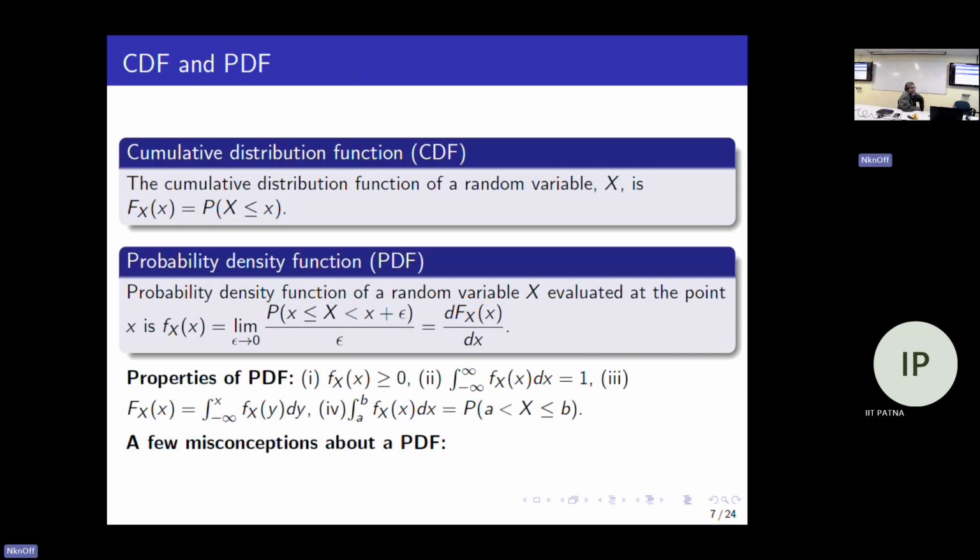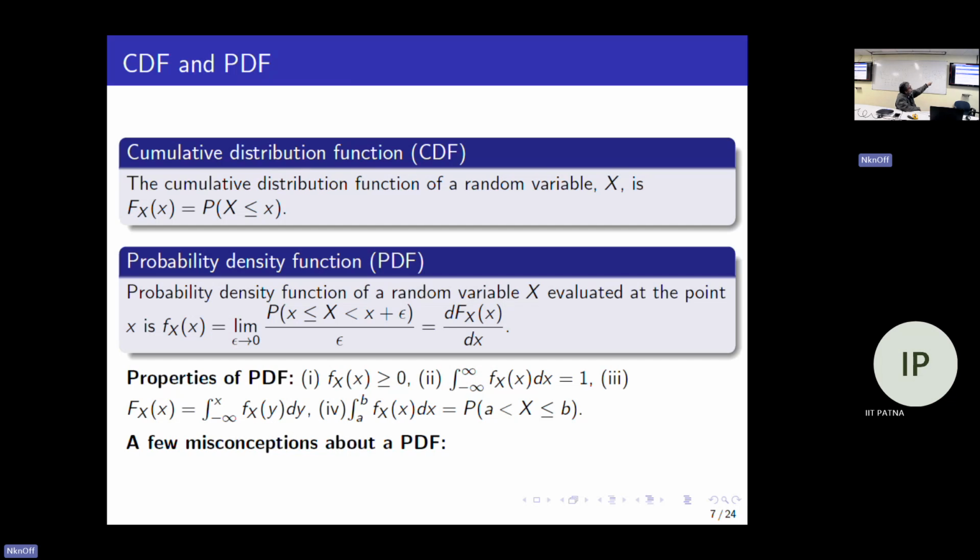Now it's interesting: CDF and PDF. CDF means cumulative distribution function. The cumulative distribution function of a random variable X is F_X of small x. F with capital X at small x means the CDF of the random variable capital X at the point small x.